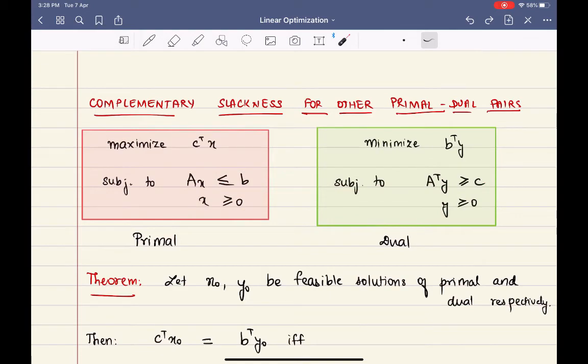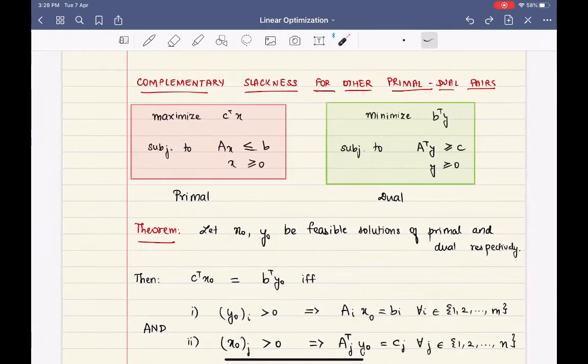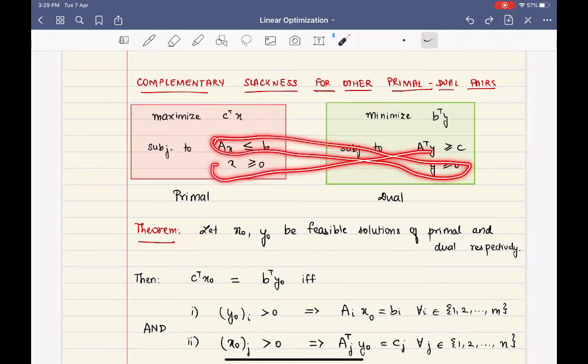Okay, and in this case the complementary slackness takes the following form. If we take a feasible solution of primal and dual respectively, now the costs C transpose x0 equals B transpose y0 if and only if the complementary slackness holds for both these pairs of variables.